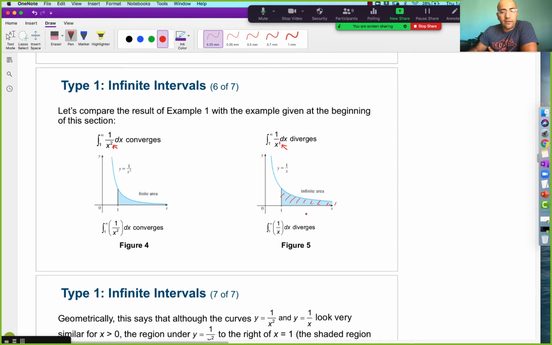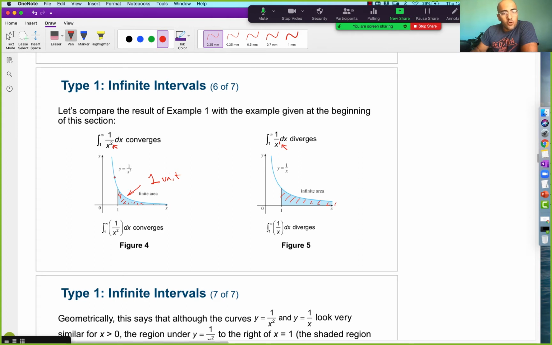Whereas this one, 1 over x squared, looks very, very similar, yet we find that this whole area going out to infinity is just equal to 1. 1 unit, whatever units we're working with. 1 foot, 1 meter, well, squared, since it's an area. Good. So, kind of weird. They look very similar, but this is an infinite area, and this one is an area that equals 1 unit.